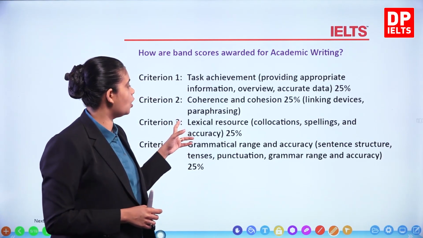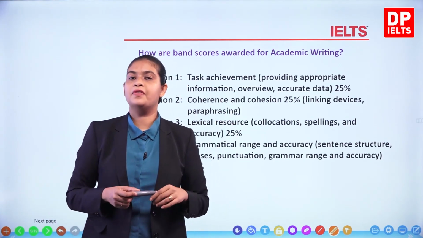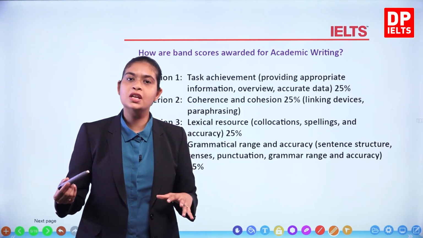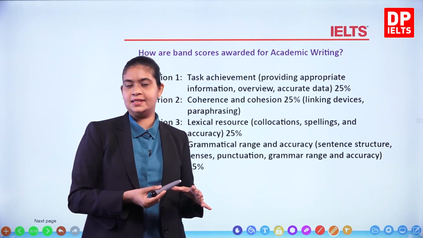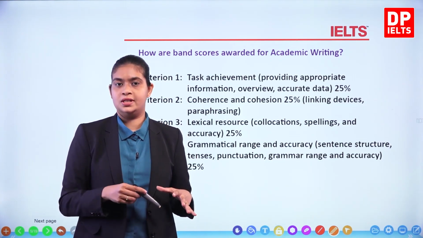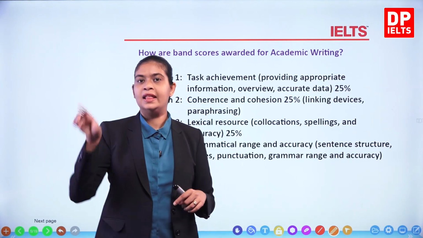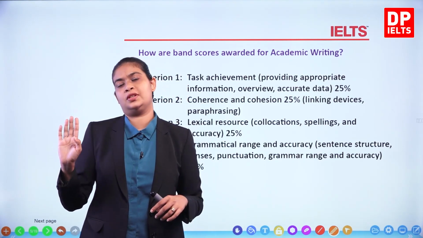Now, you should also be able to paraphrase. Paraphrasing means rewriting the sentence or sentences in your own words. Now, for task 1, for example, they give you the question.